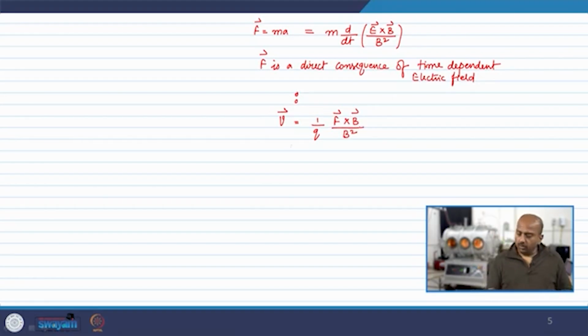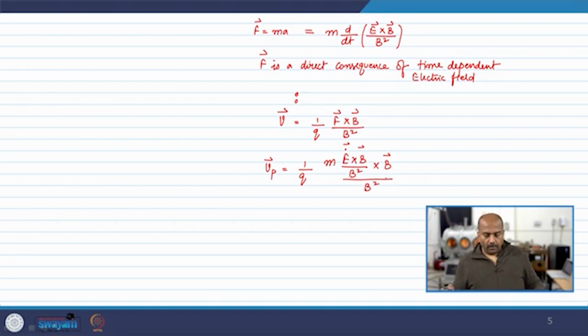So, we now have to substitute the relation for F into this. This velocity is called the polarization drift velocity, which is equal to 1 by q times m E dot cross B by B square, cross B, divided by B square. You understand what I did?